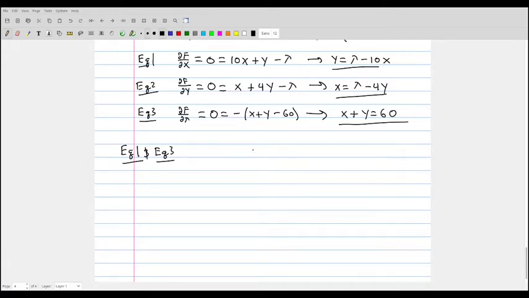So I'll take equation 1 and equation 3. If I plug equation 1 into equation 3, I get the equation x plus lambda minus 10x is equal to 60, which is the same thing as the equation negative 9x plus lambda is equal to 60, or x, if we solve this equation for x, is equal to lambda minus 60 over 9.